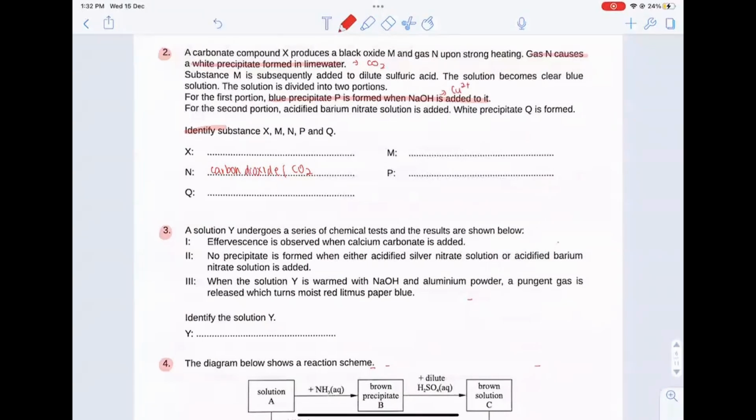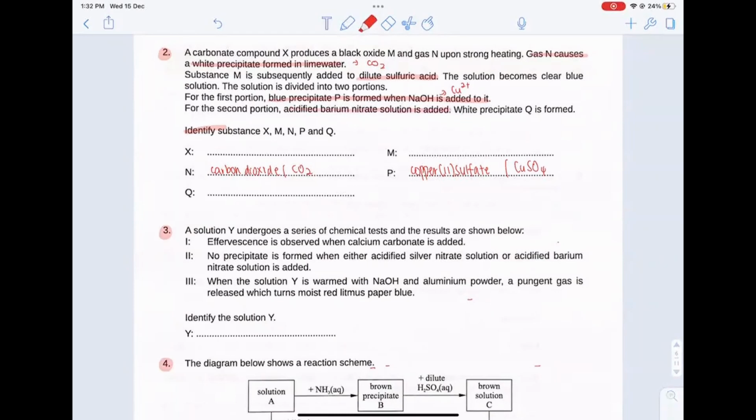Over here, they added M to dilute sulfuric acid. So that means P must be copper(II) sulfate, CuSO4.